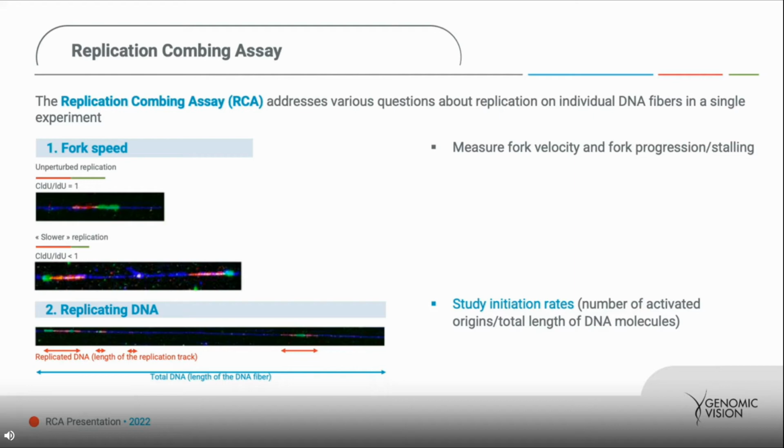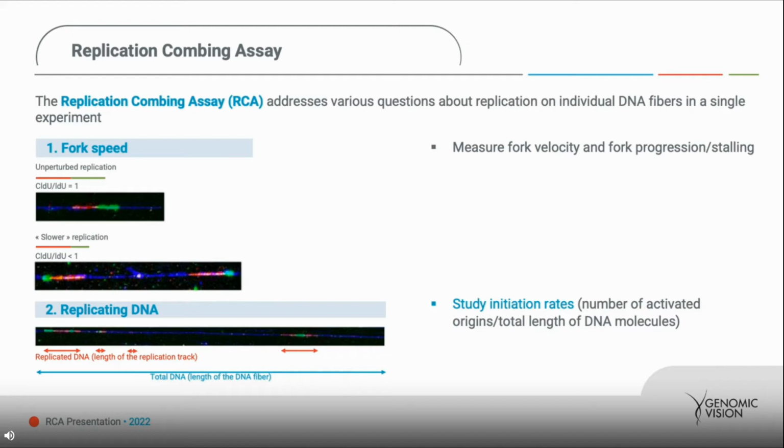Now, if we see that this ratio CldU-IdU is reduced, less than 1, this will show a slower replication. In the picture here, we can see that the green track is shorter than the red track, showing that there's a smaller incorporation of IdU.